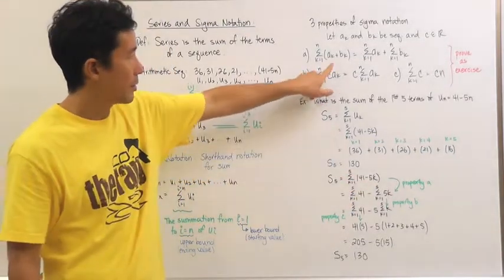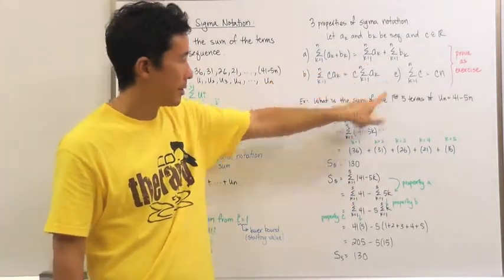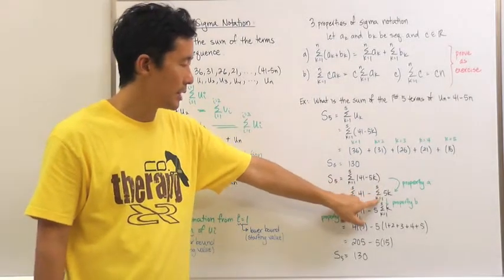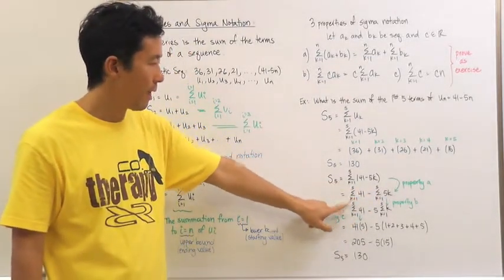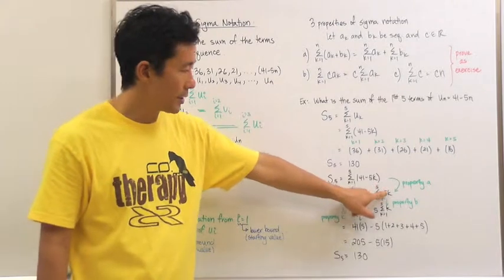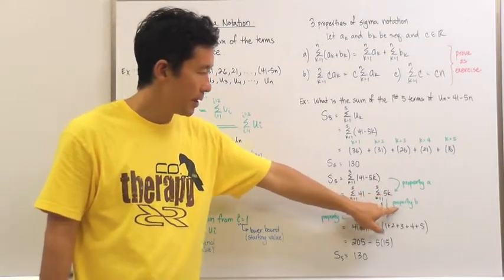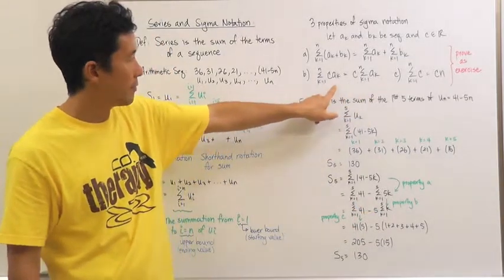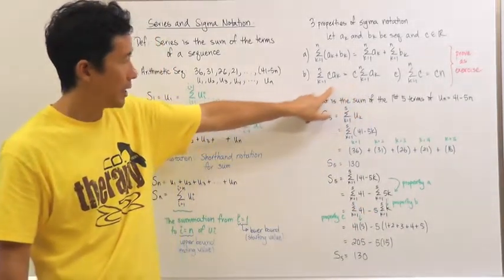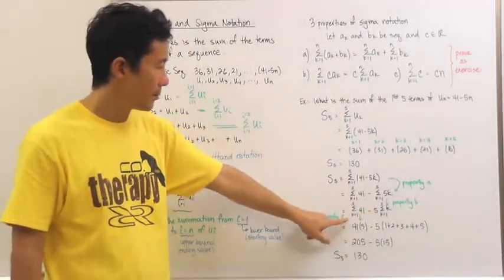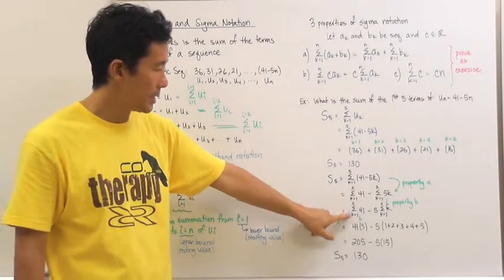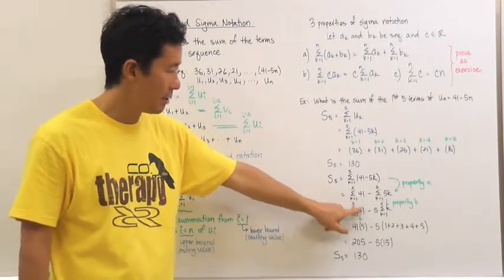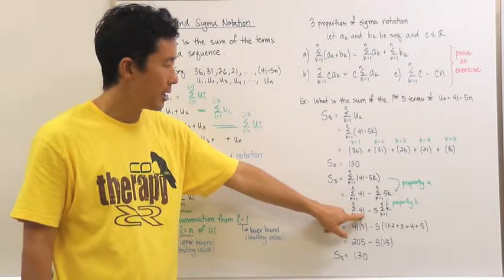So I'm going to use property A to separate those two and introduce two sigma notation symbols. Now I'm going to focus on this one here. In this case, I'm using property B to factor out the 5, and I'm using this row right here. And then I'm going to apply property C to this sigma notation here, because this is just going to be a constant.